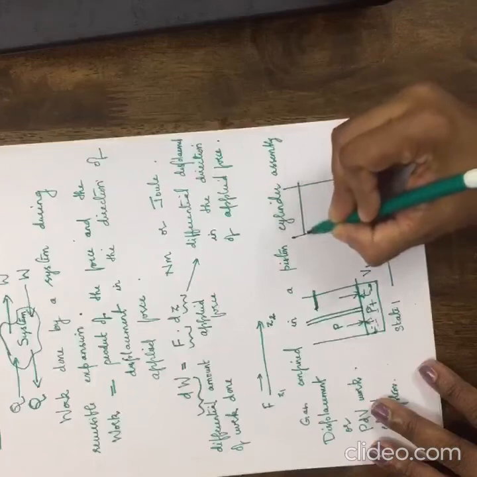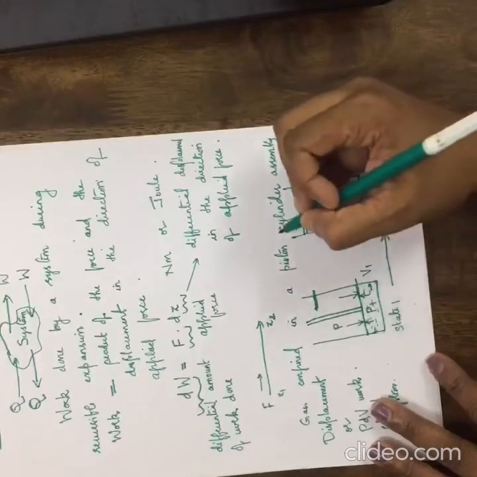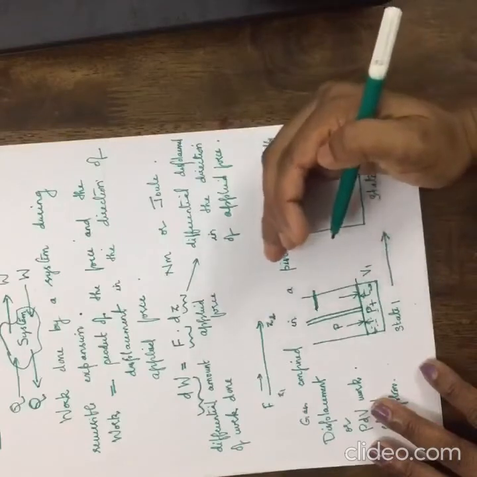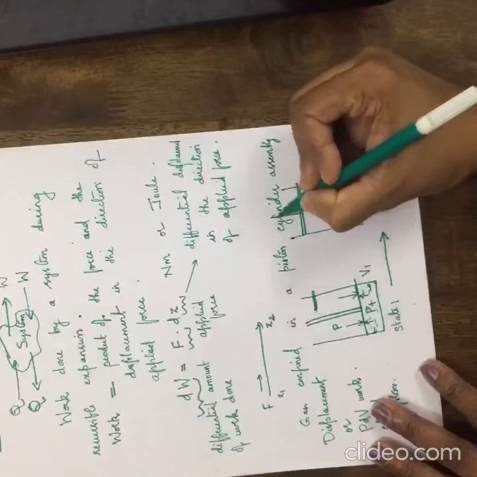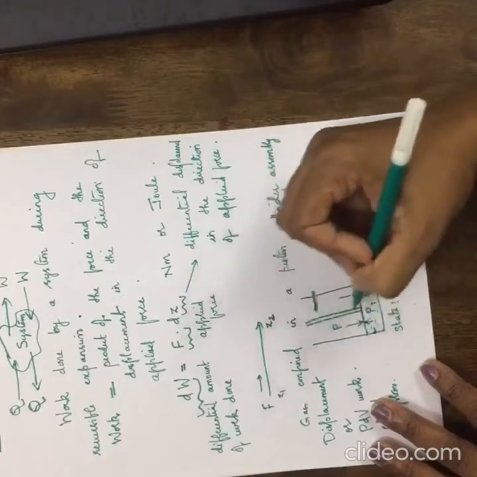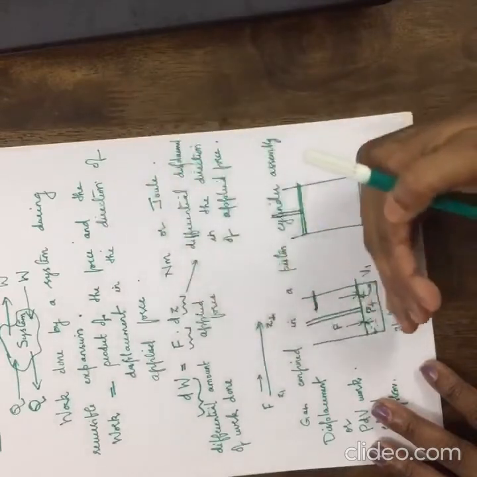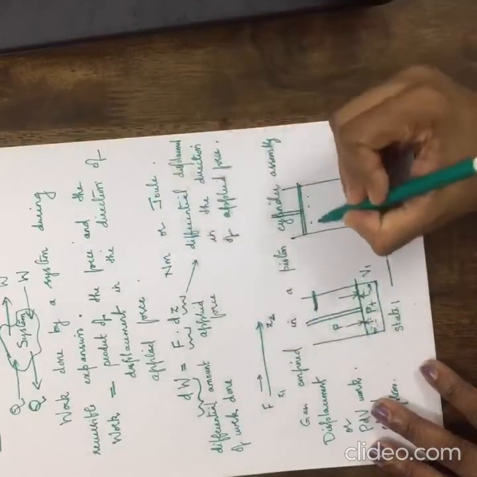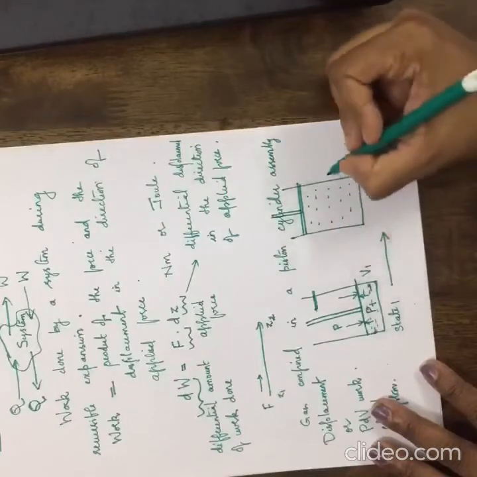The gas expands and takes up a new state, state 2. The gas expands because the pressure exerted on the system is slowly reduced, and it takes up a new volume V2.